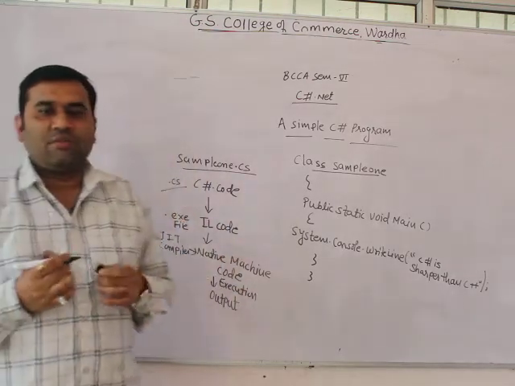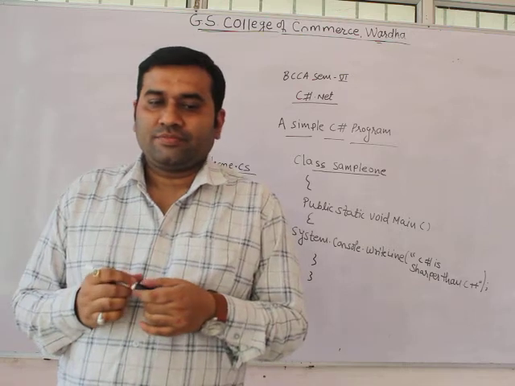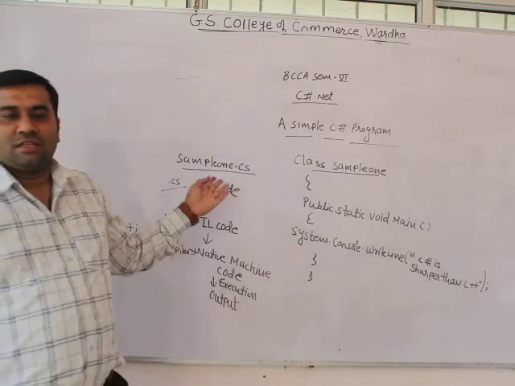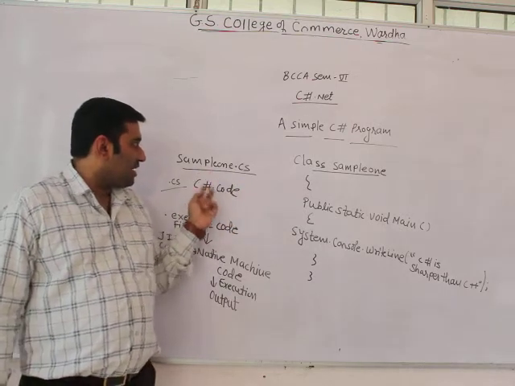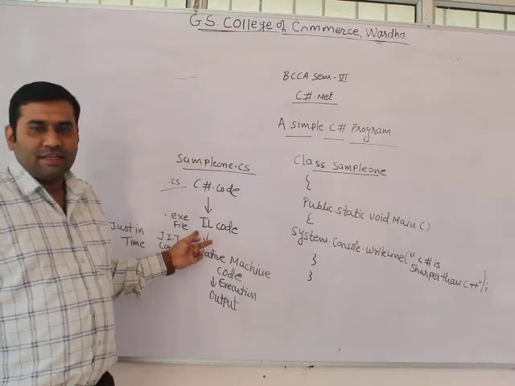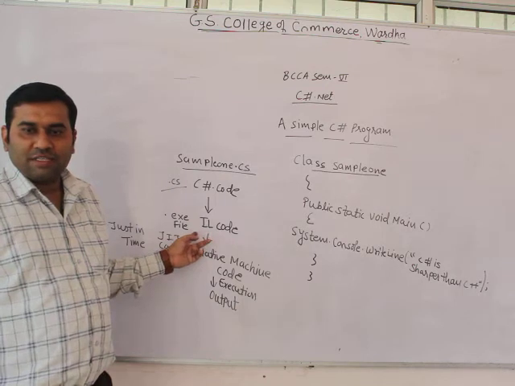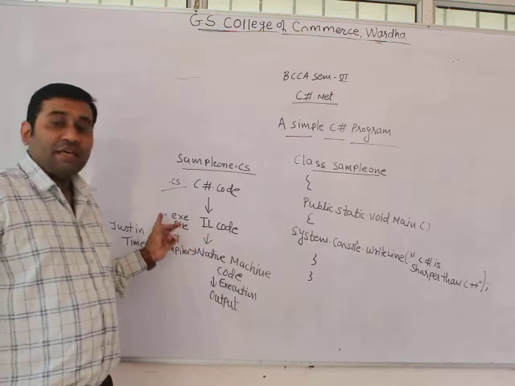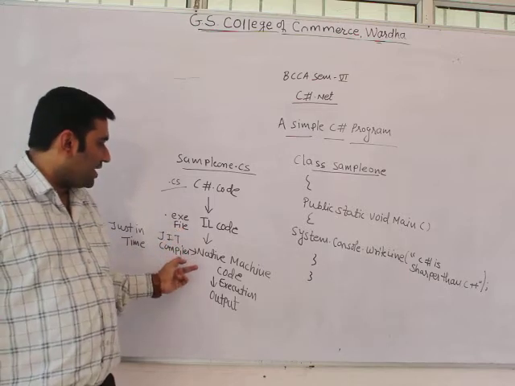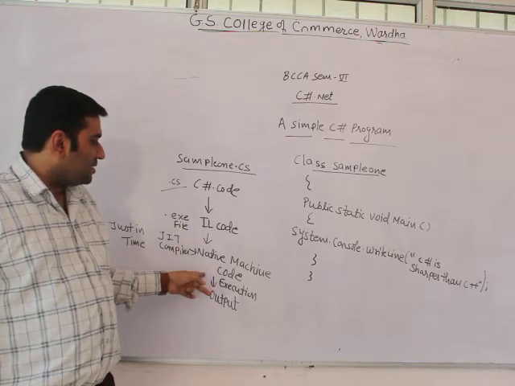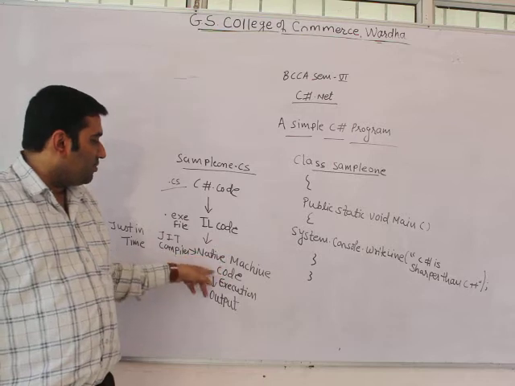In a C# program, first the C# code, the .cs file, that is Sample1.cs, is written, and then its IL code is created. The IL code creates the exe file. Then the exe file is compiled with the JIT compiler, which converts it into native machine code.